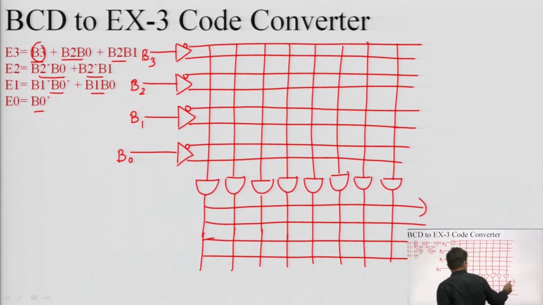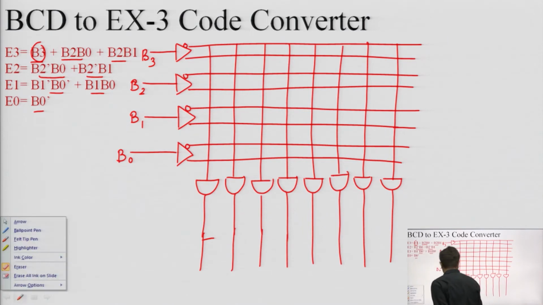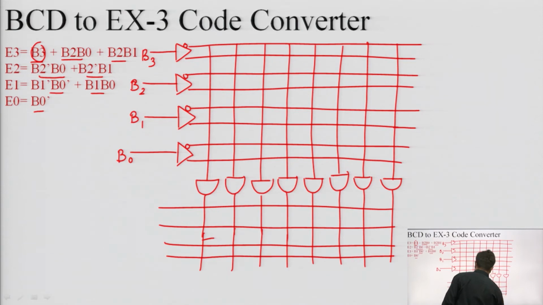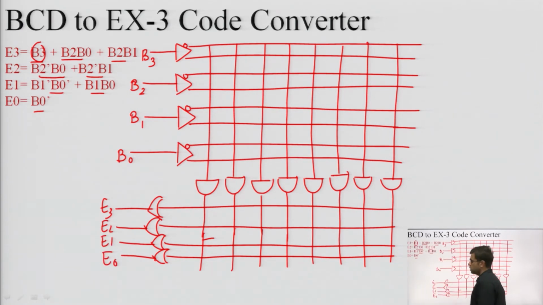So I am changing these OR structures and making the OR connections on the left. E3, E2, E1 and E0. So this is the outer structure.